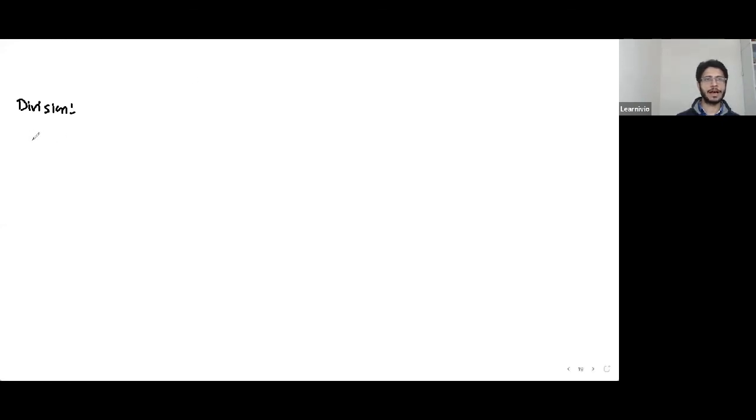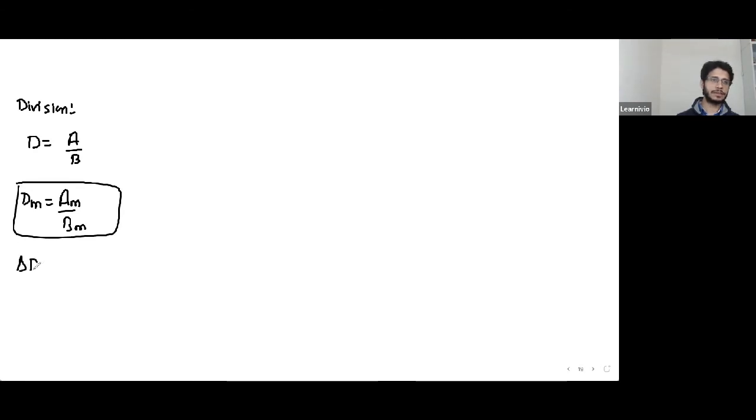If I say that I have a quantity D, which is A divided by B, then the mean value of D is simply the ratio of mean value of A and mean value of B. If you want error in D, then that error is delta D over D mean. This is relative error in D, which is delta A by A mean plus delta B by B mean. So when you divide, you combine relative error.